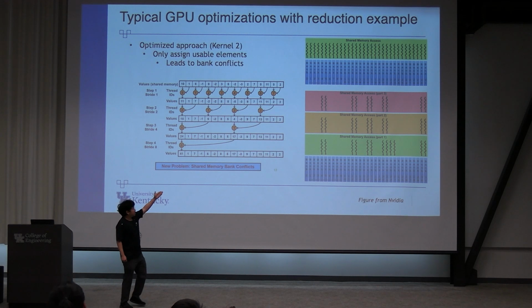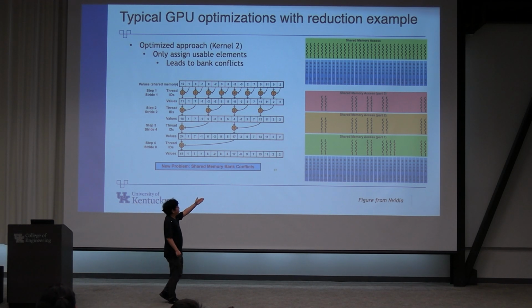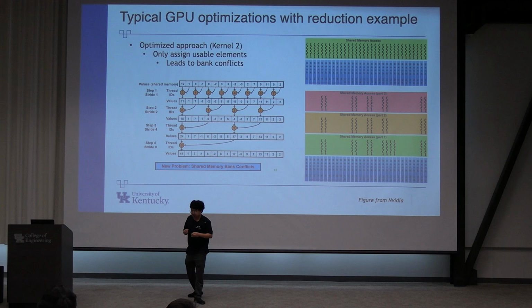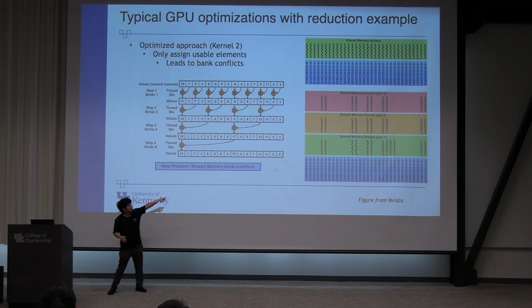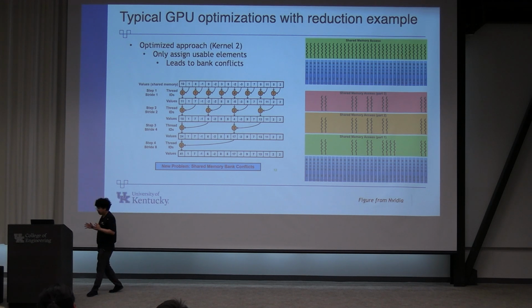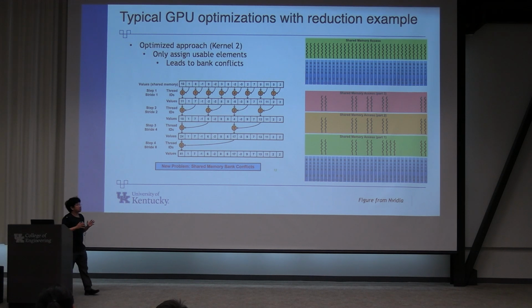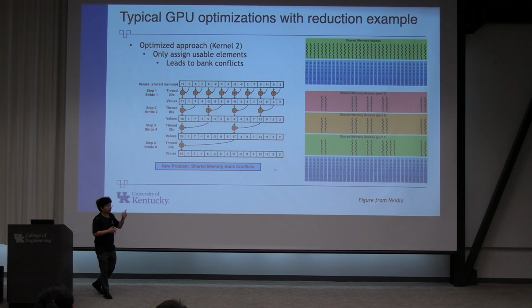However, if you have some conflict on the same bank, the accesses have to be serialized. In the example shown at the bottom, although they only access the same amount of data, the example will cause 3 times the memory overhead because of the bank conflict.